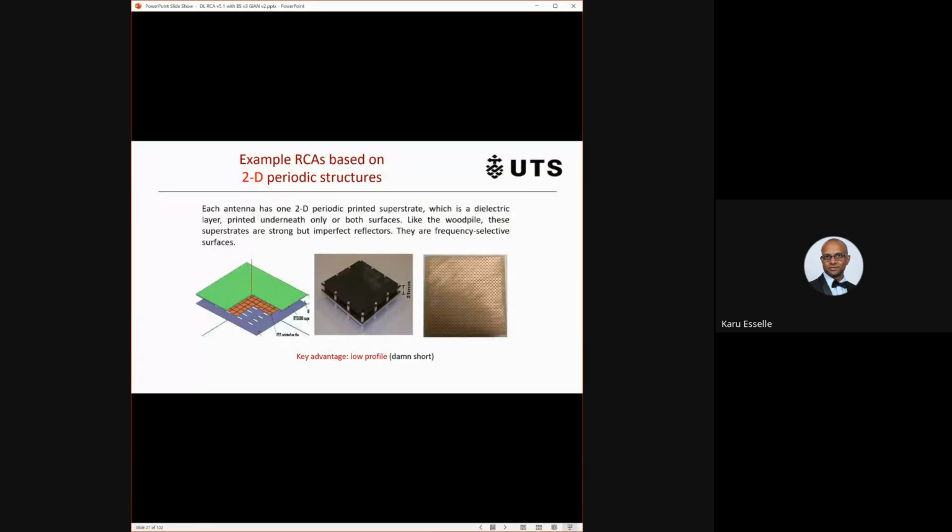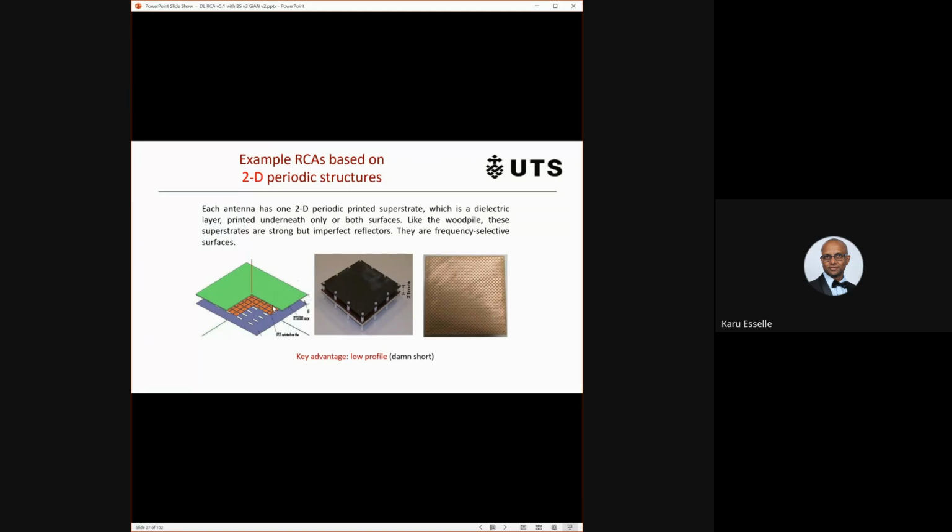Then some examples of 2D FSS type resonant cavity antennas. In these antennas, the superstructure is printed circuit board type FSS.